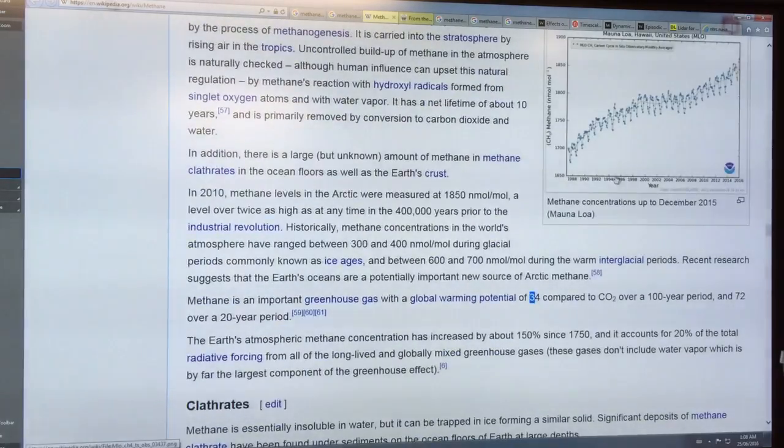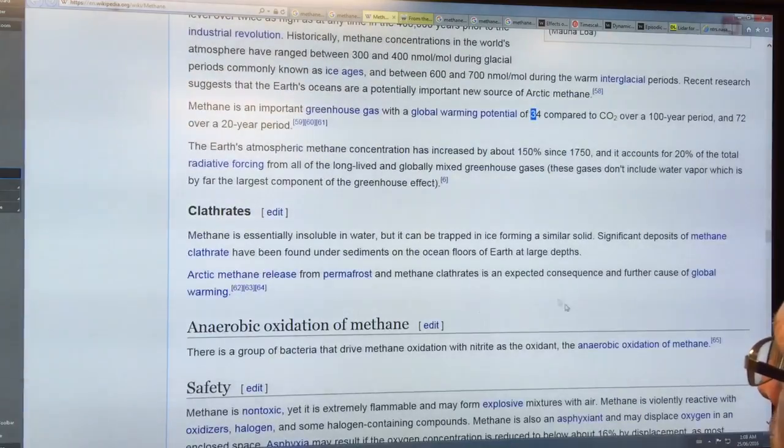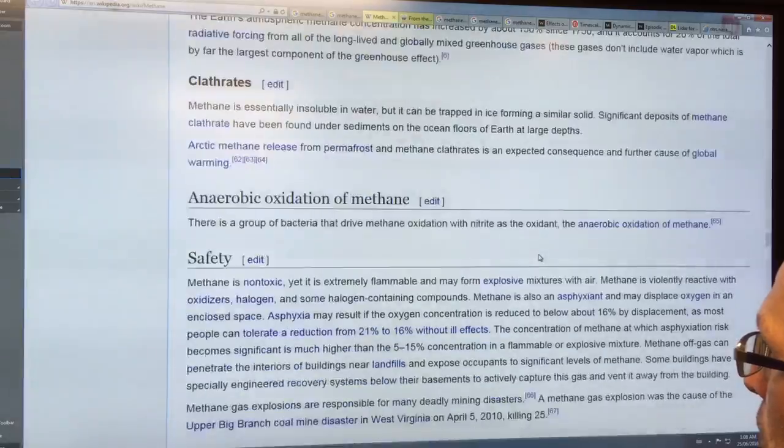Up until about 2007, the methane concentration had flattened off, and then it started a strong uptick here. Interestingly, 2007 was a sea ice minimum, as was 2012. So there are significant clathrates on the ocean floor and in the sediments.